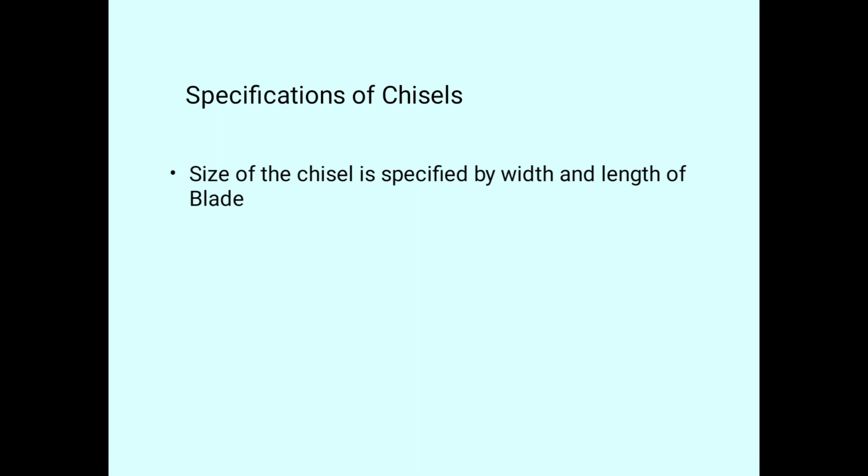Now we can see the specifications of chisels. How these chisels are specified, we can see here. The chisels are specified based on the size, by the width and length of the blade. That is the first specification.